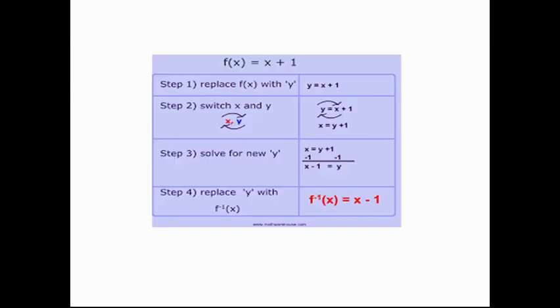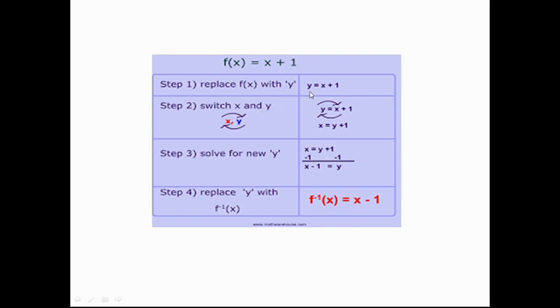f of x is equal to x plus 1. Simple example. The first step is you just replace f of x with y. Here we have f of x equals x plus 1. You just replace this f of x by y, so you write y equals x plus 1. Now the second step, switch x and y.